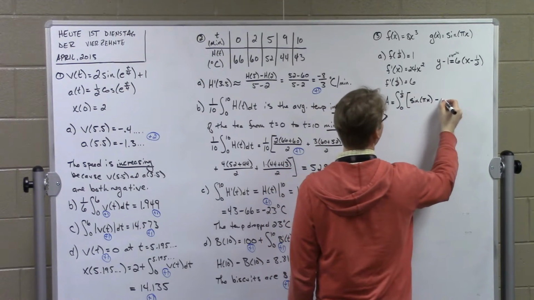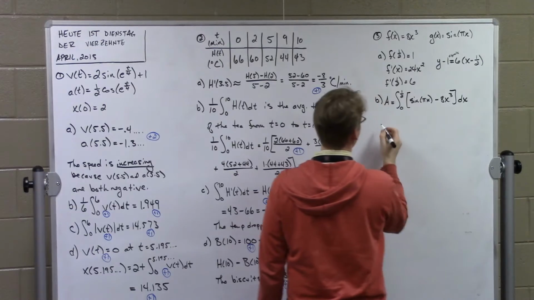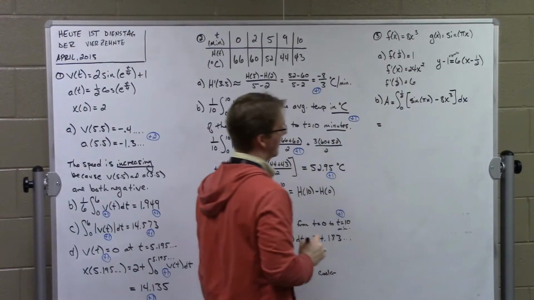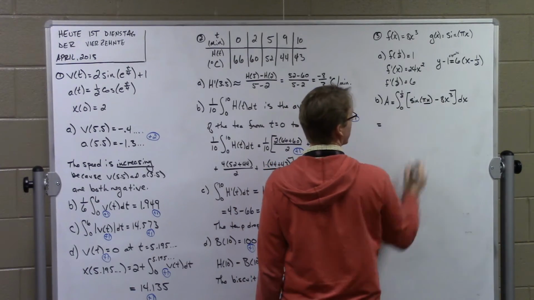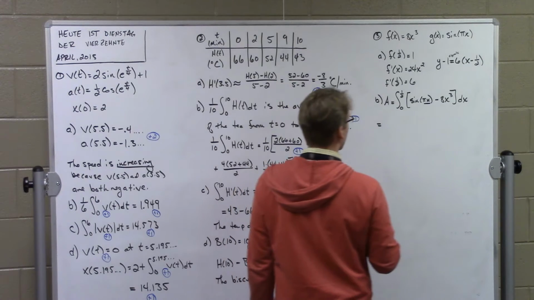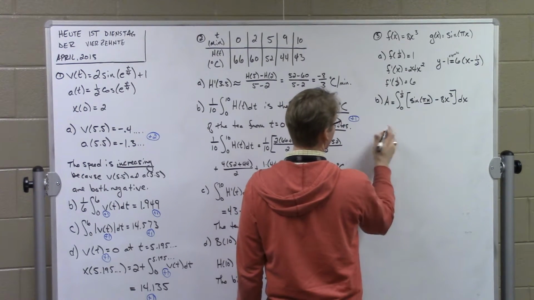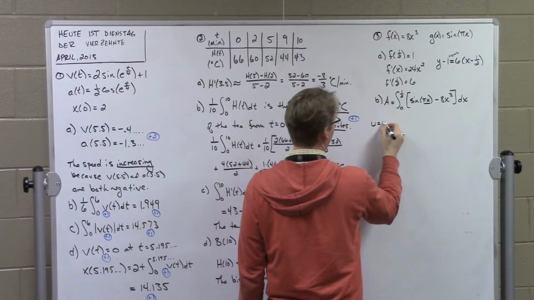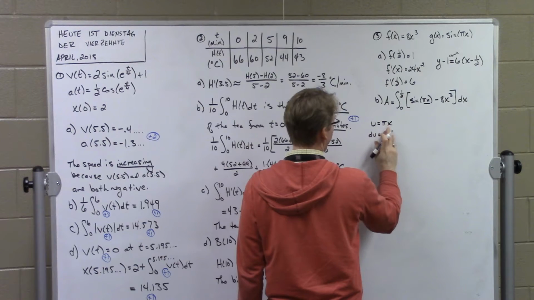Okay, and let's see, sine of pi x on top, so the sine is the top. Yes. Minus the 8x cubed. Here's your u sub. You let u be pi x. This is one you should do in your head, by the way. du equals pi dx.